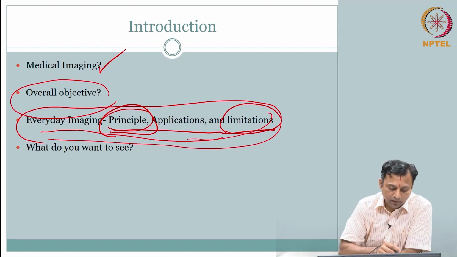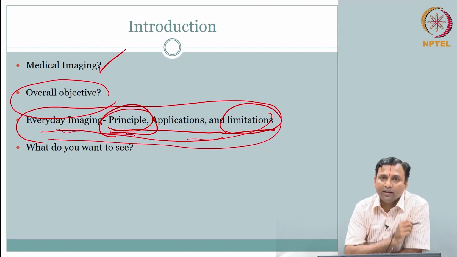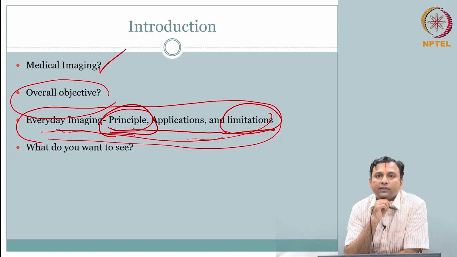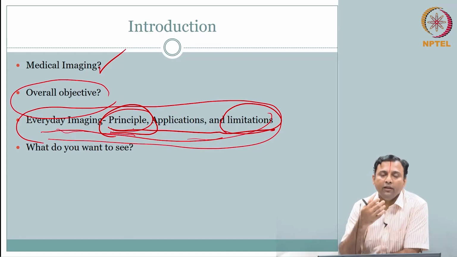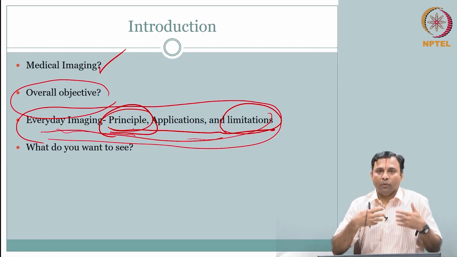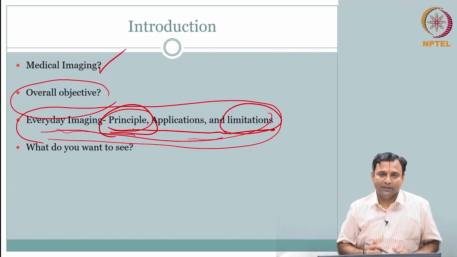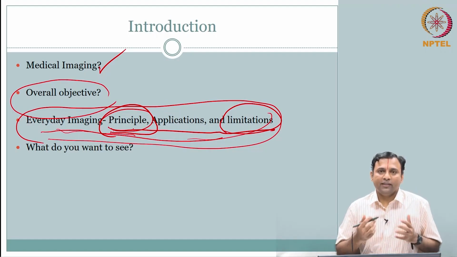Recall, if you are going to use a camera, we talked about the principle. What is it capturing? It is capturing, in some sense, the property of the tissue, of how it reflects what wavelength back. That is what is captured.